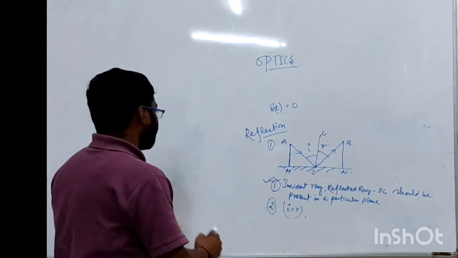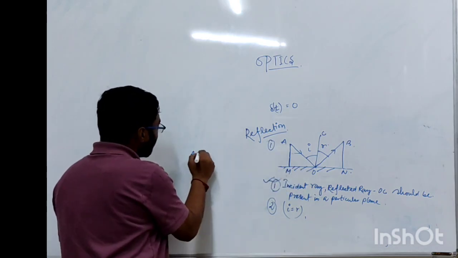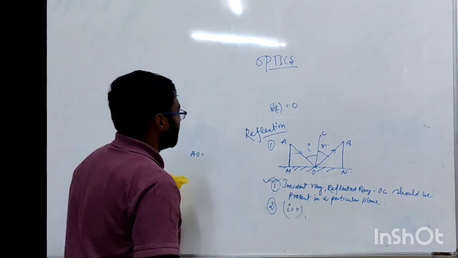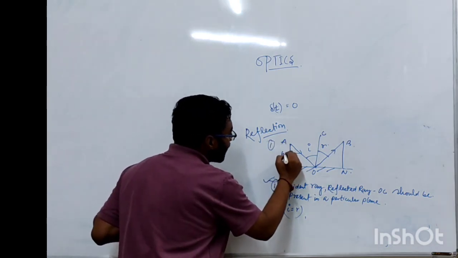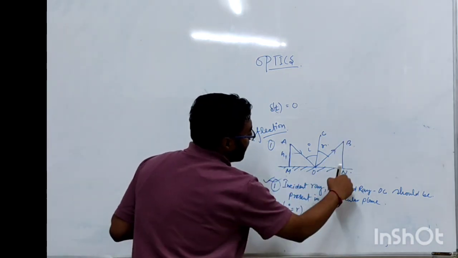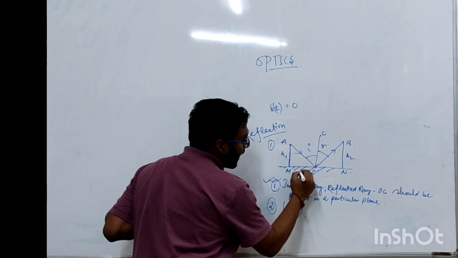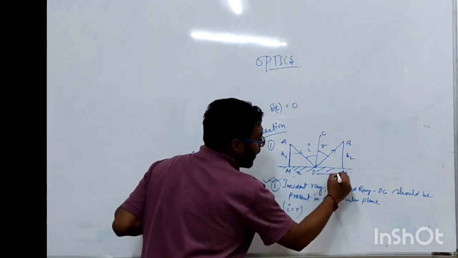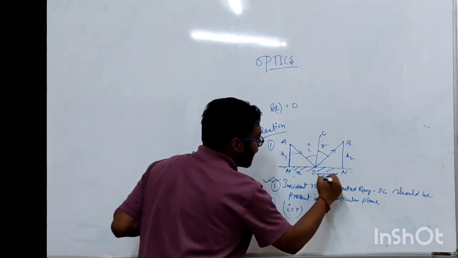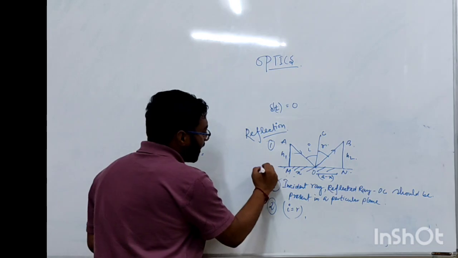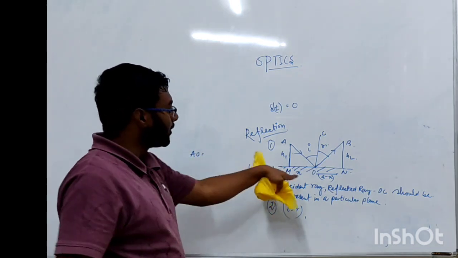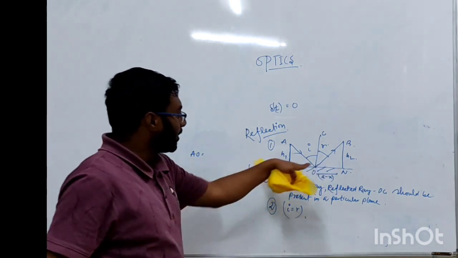What should be the length of the incident ray? If I consider AM equal to H1, BN equal to H2, OM equal to X and ON equal to A minus X, that means MN equal to A, a constant.